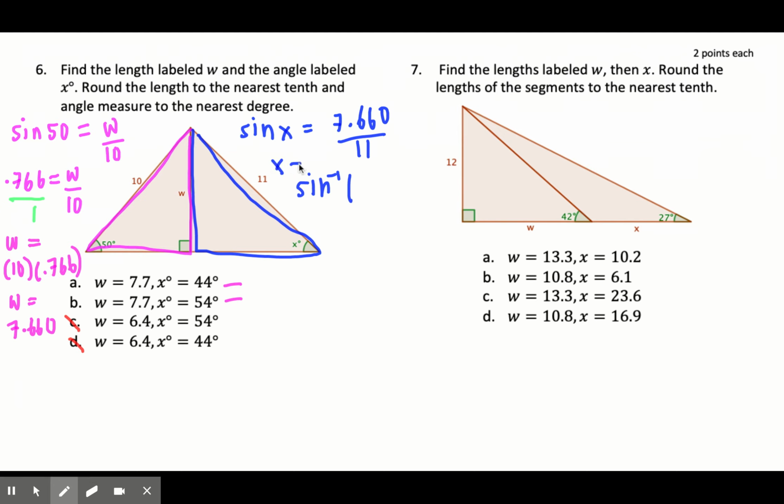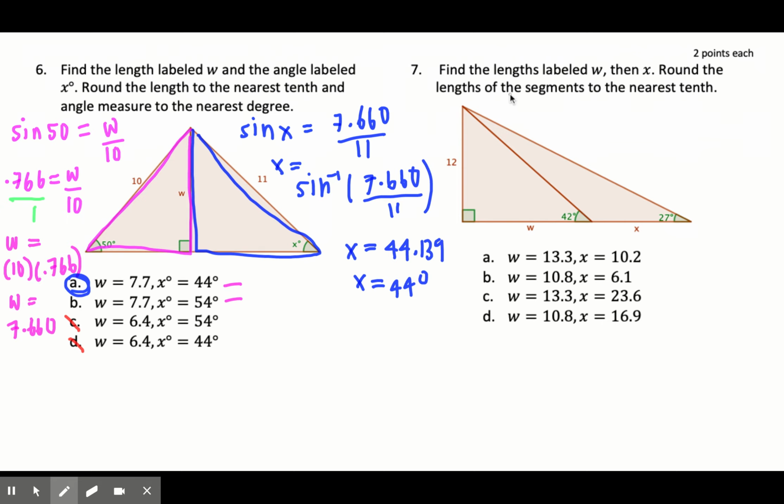X will equal inverse sine of 7.660 over 11. And then you want to do that on your calculator, and you'll get 44.139. So that rounds to 44 degrees. So the answer is A.